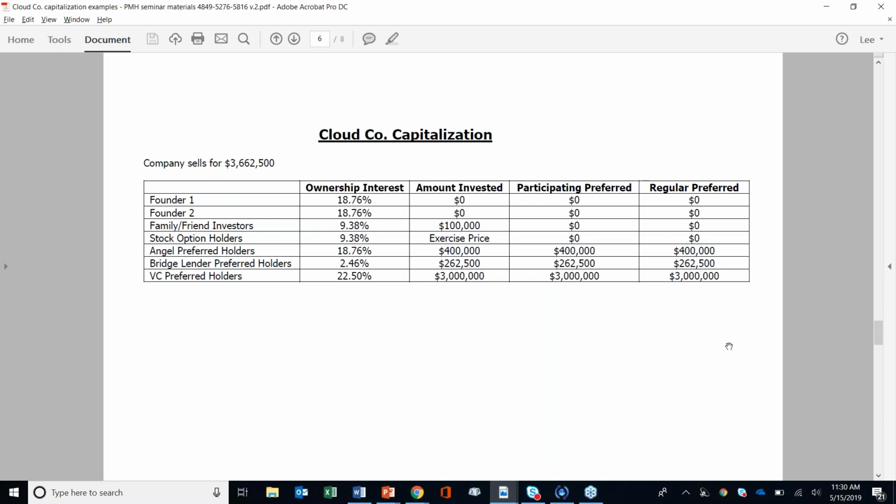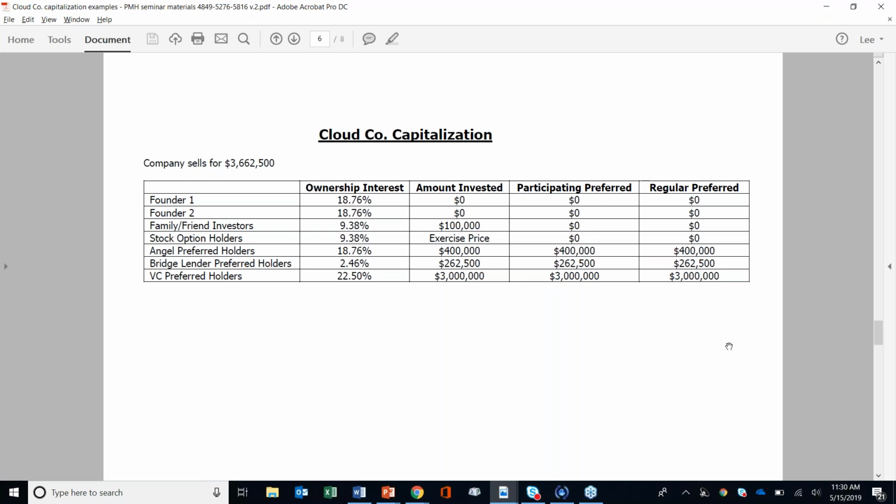The preferred holders still would have taken their investment back under the regular preferred, because you would have to get a valuation of sale that's high enough that the sales price times 22.5% exceeds their investment. Above that point, if they were a regular preferred holder, they would convert.